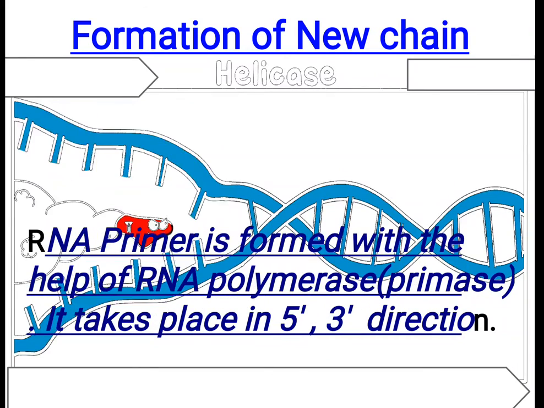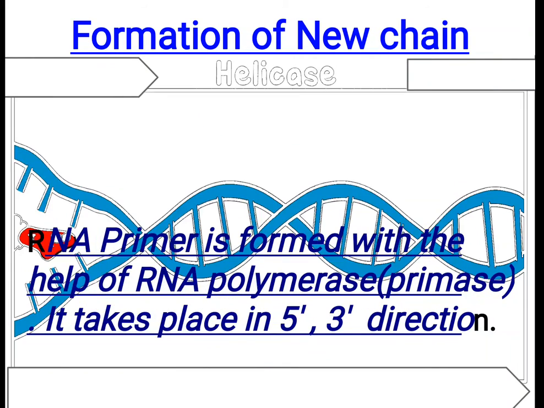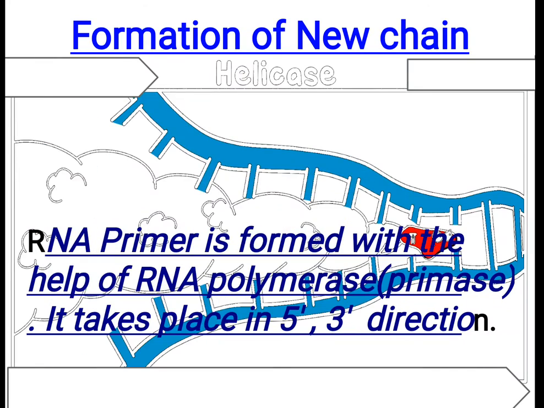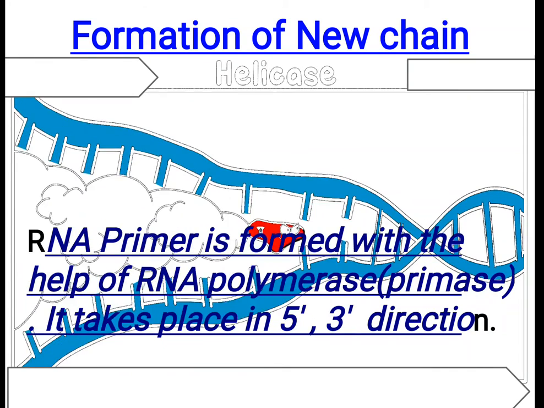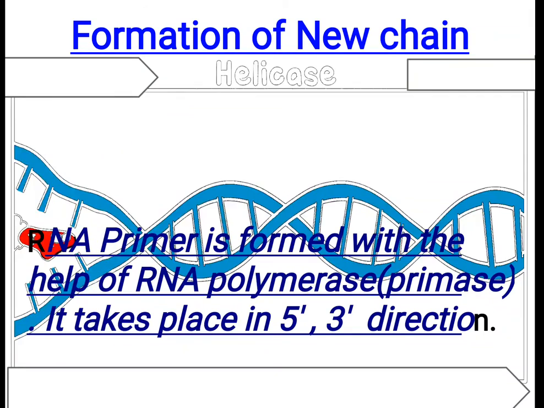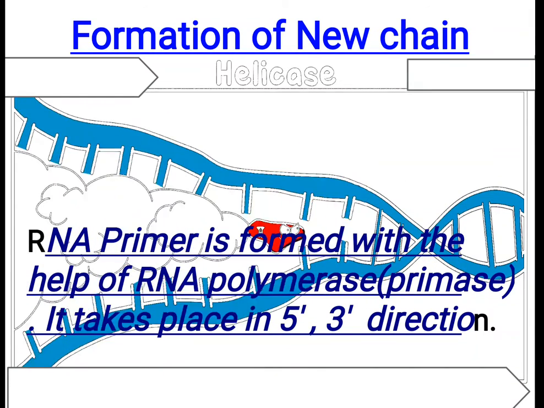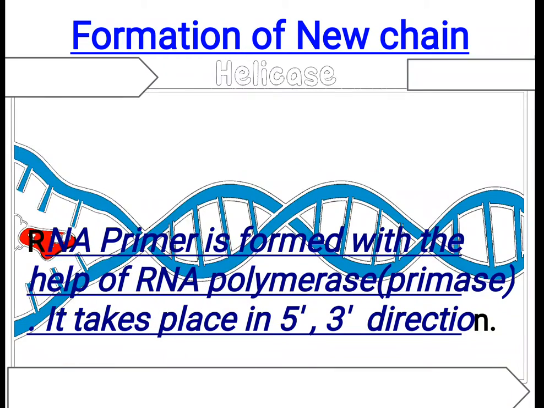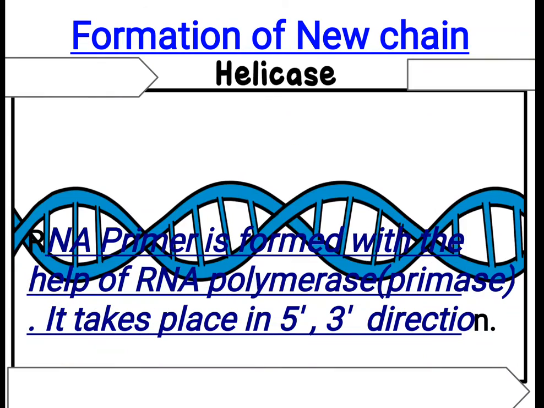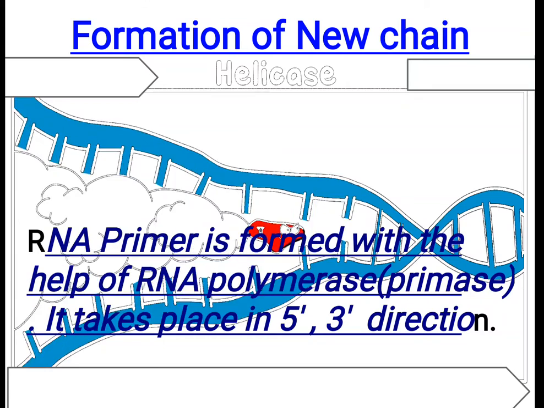This formation of RNA primer is catalyzed by the enzyme RNA polymerase, simply called primase. Synthesis of the RNA primer takes place in the 5' to 3' direction.